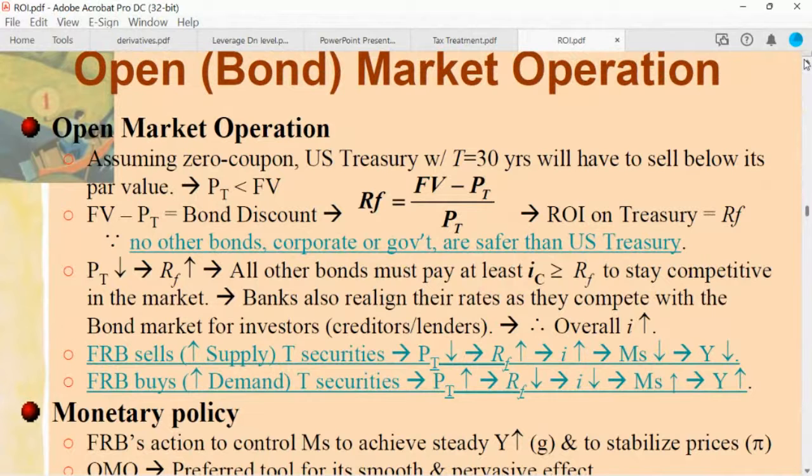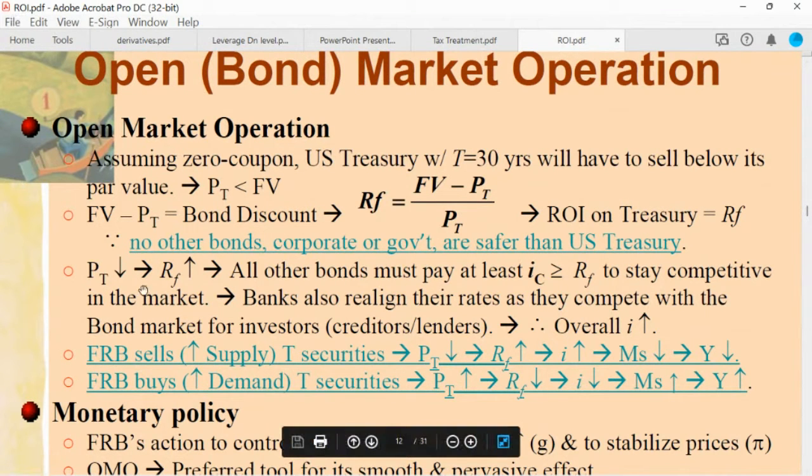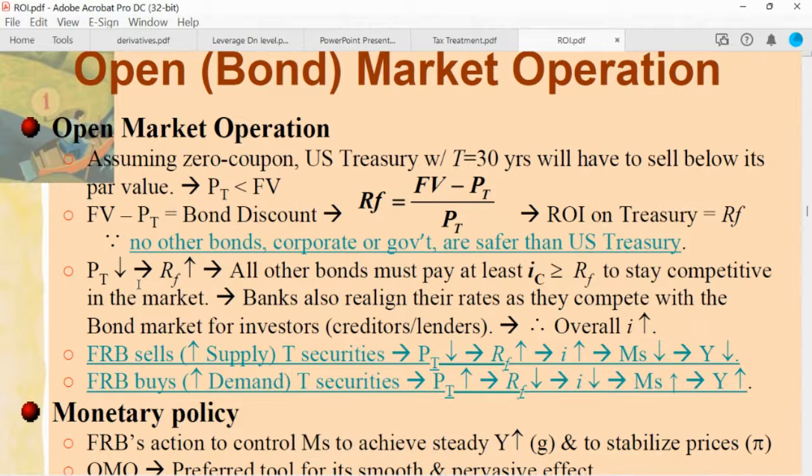And just to recap, why are we talking about open market operation? Because that's the Federal Reserve's main tool for monetary policy. And why are we talking about monetary policy? Because monetary policy is the reason behind the Fed funds rate going up or going down.